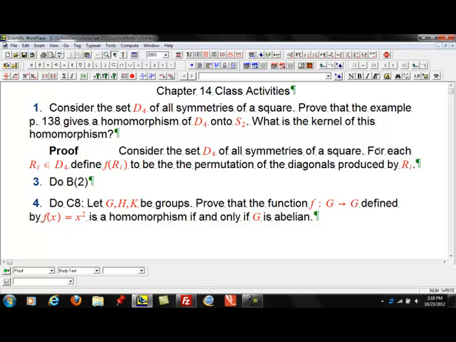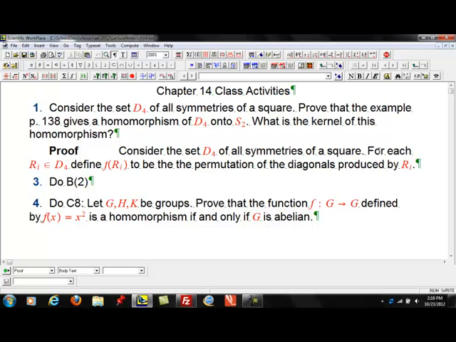So let's think about this for a minute. Suppose we had our square, and in the book they have this diagonal and they label it 1, and they have this diagonal and they label it 2. So if we think about just, here's A, B, C, D. If we do a rotation, say, of 90 degrees, then that is going to take A to what value?